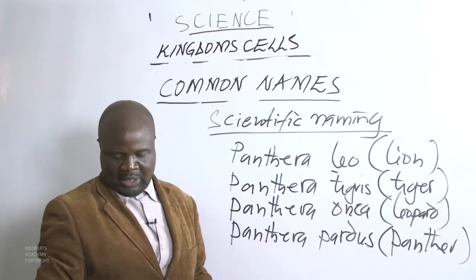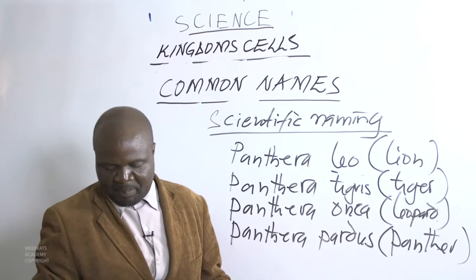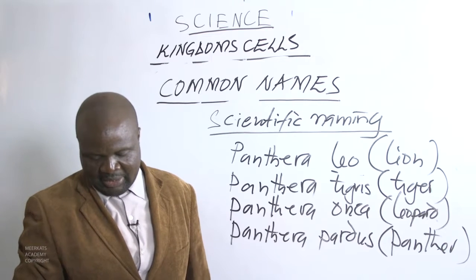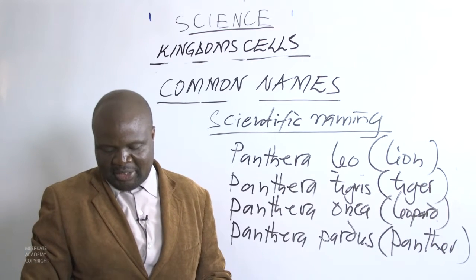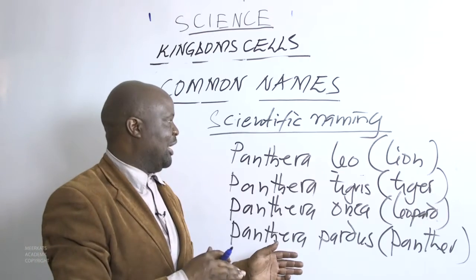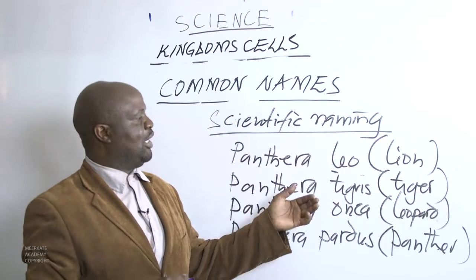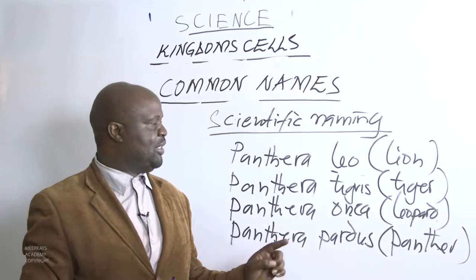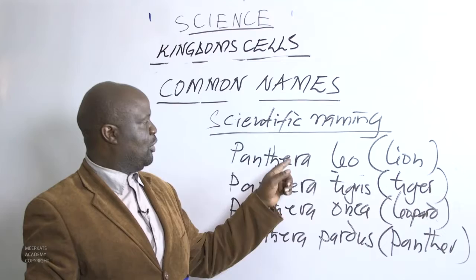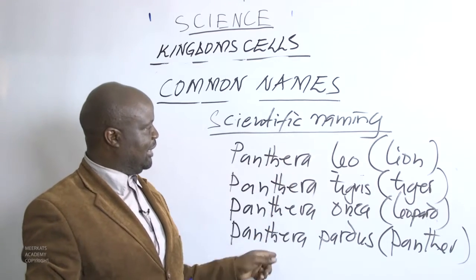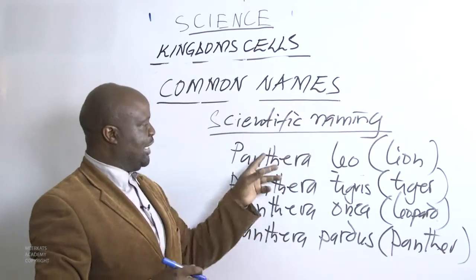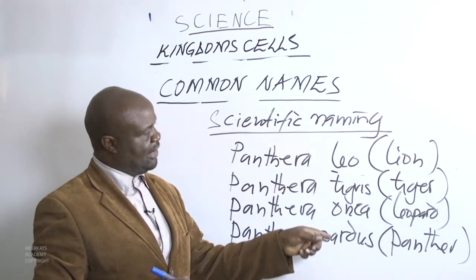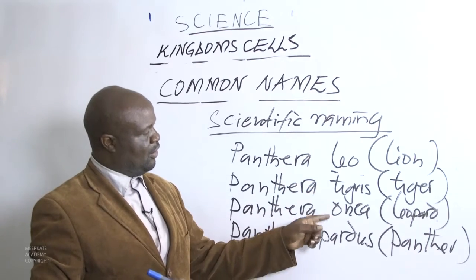All these animals have the same first part of the name. They are in the same genus, and if you observe them, they are similar to one another. A tiger is similar to a lion and so forth. However, they are not from the same species. When you go to the species, they're different, but when you go to the genus, the genus is the same. All these Pantheras are the genus, but when you go to species, you find we have leo, tigris, onca, and pardus. That differentiates them.